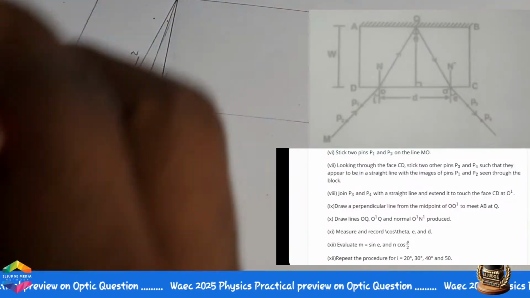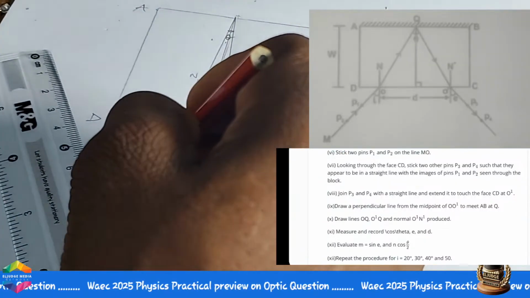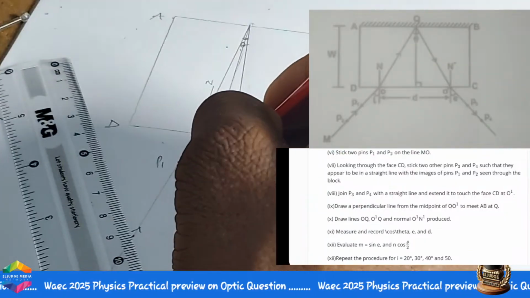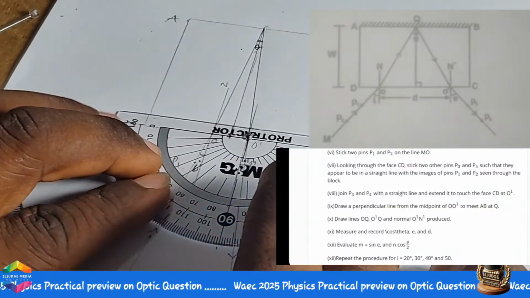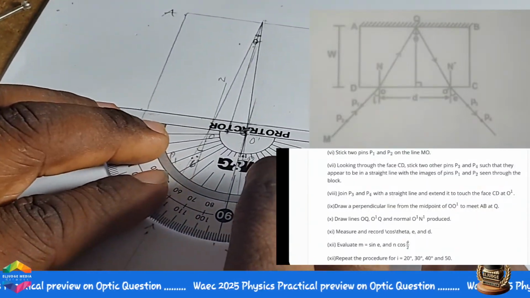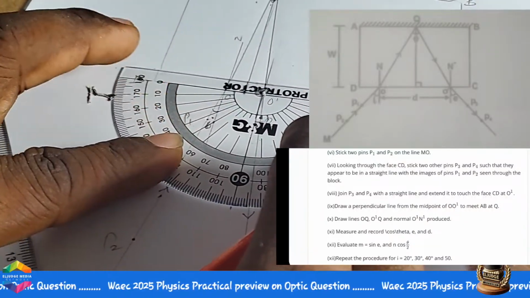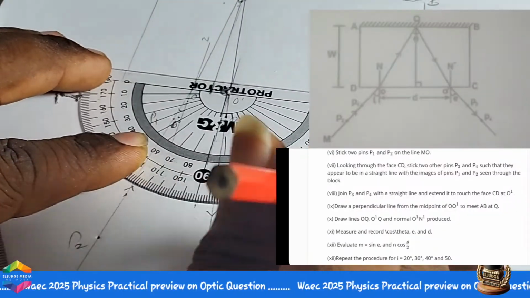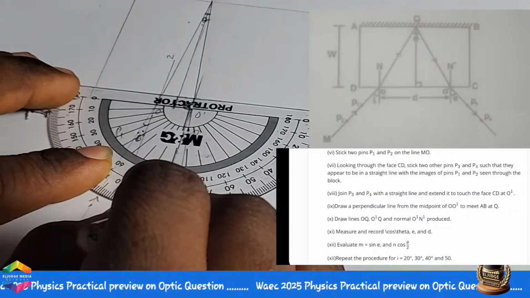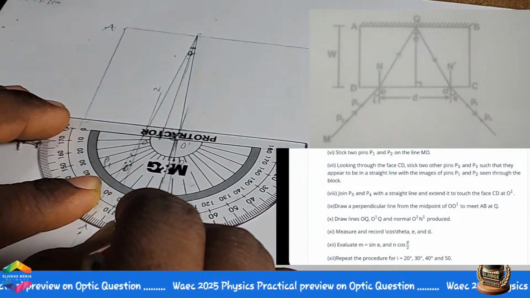So this angle here is angle theta. Let's call this one I. This is our E. So let us measure E. Our angle E here is 7.